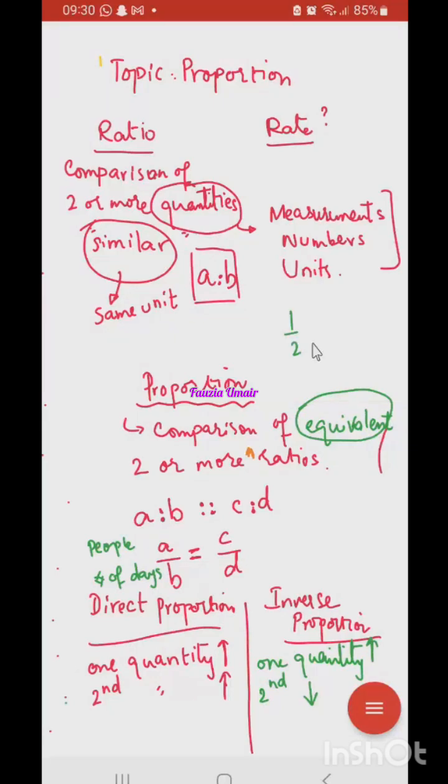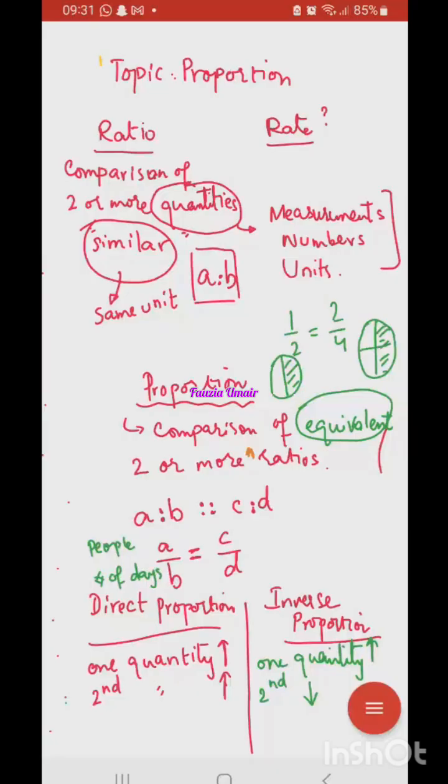You have studied equivalent fractions, right? The definition is that the numbers are different, but the meaning is the same. 1 by 2 is half. 2 by 4 is still half of anything, just the number of parts is more.